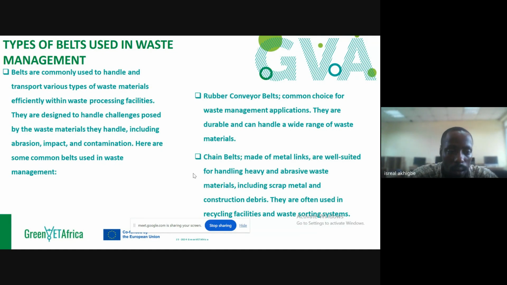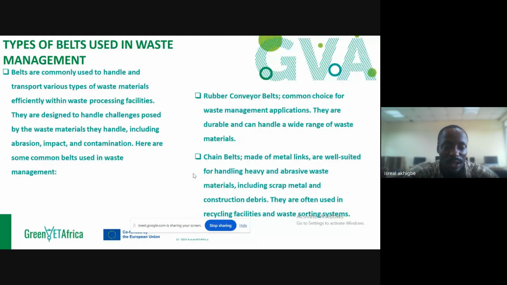Now, they are designed to handle challenges posed by the waste material that they handle, including abrasion. Let me give a simple illustration. When somebody falls from a bike or from a rotating body, there's a tendency that the person may have injury peels on the body. That peel is called abrasion.